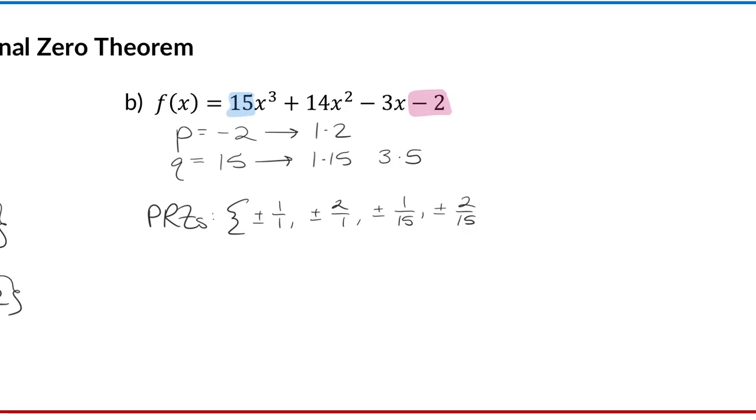Do we see how each of the unique denominators, 1 and 15, each had the unique numerators, 1 and 2? So I have the denominator 1 with both numerators. I have the denominator 15 with both numerators. So following this pattern, what would be the next number I put in this list?